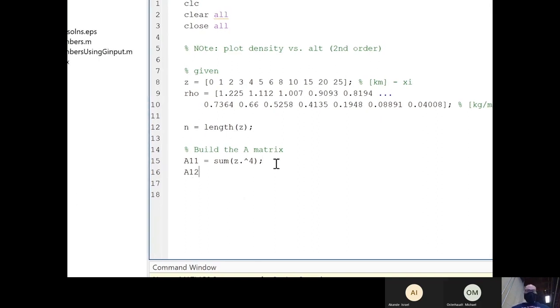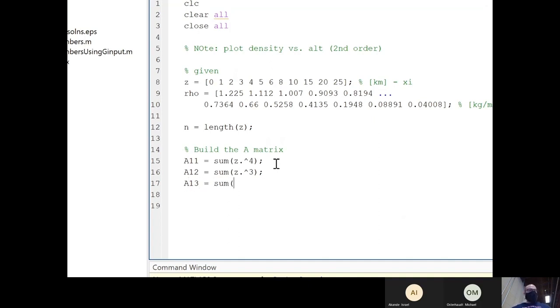Someone tell me what A12 is going to be? Where is A1,2? The first number is your row, the second number is your column. Should be the summation of xi cubed.